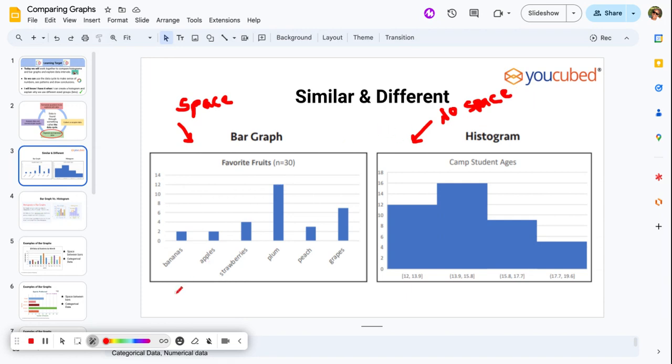Also, hopefully you were able to notice that at the bottom, on a bar graph, there are words.